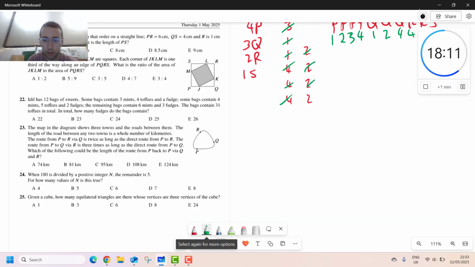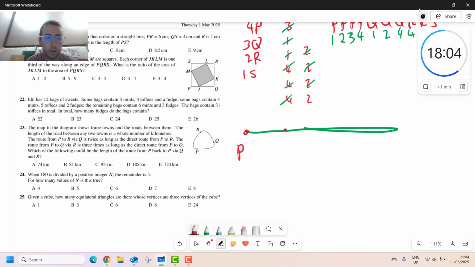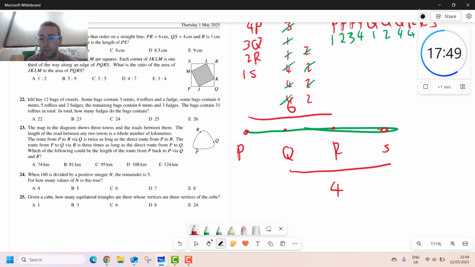Now order on a straight line. So that is P, Q, R, S. PR is 6, QS is 4, and R is 1 nearer to S than it is to Q. So this is X, this is X plus 1.